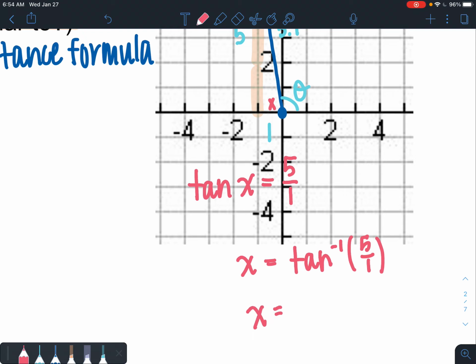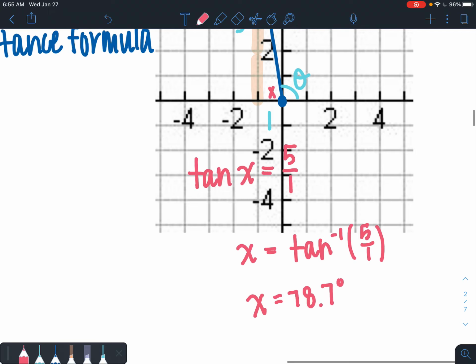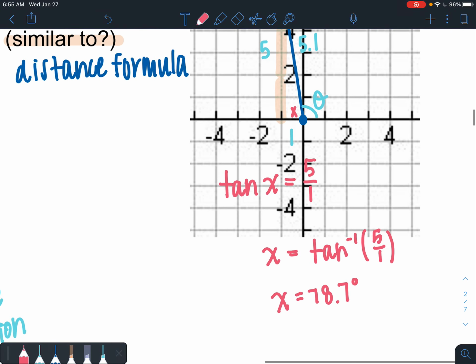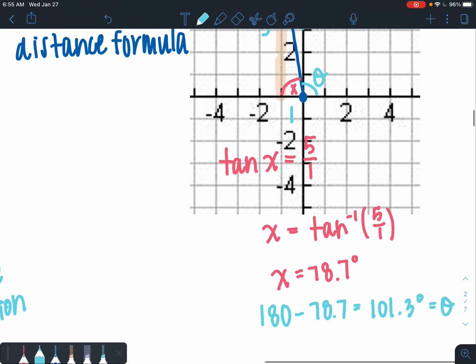Which, when you type that into your calculator, you get that x is equal to 78.7 degrees. And that's giving you this angle here. So if we do 180 minus 78.7, we get 101.3 degrees is equal to theta.